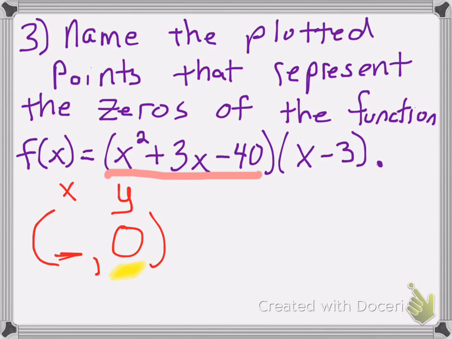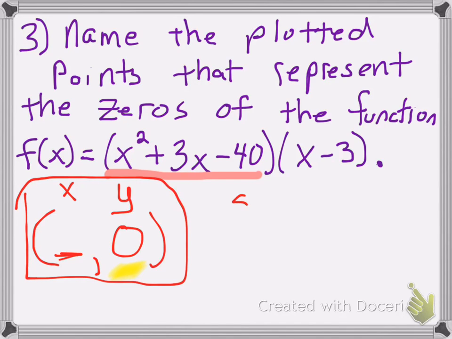Now, a plotted point, let me highlight this. I got it listed right here. It's looking for points. If you're 0, your y-coordinate is 0. Let that help you decide, because this is going to be one of those problems where you got to select all that apply.